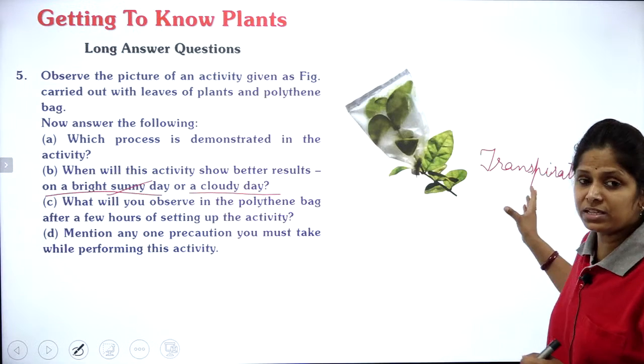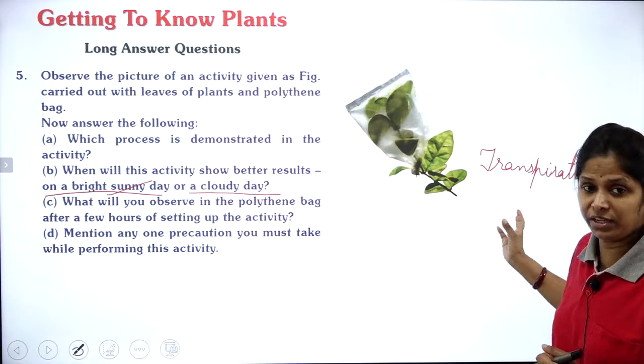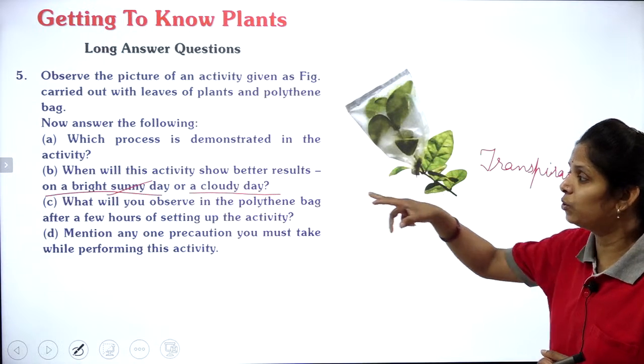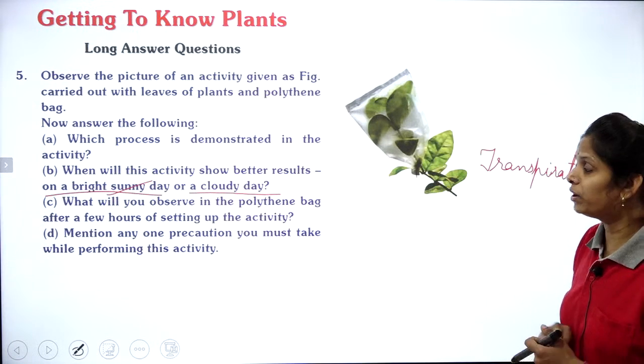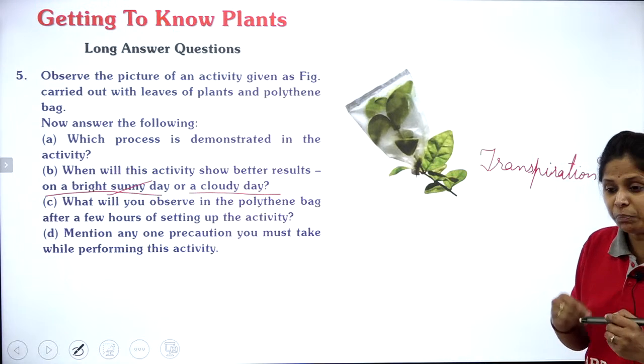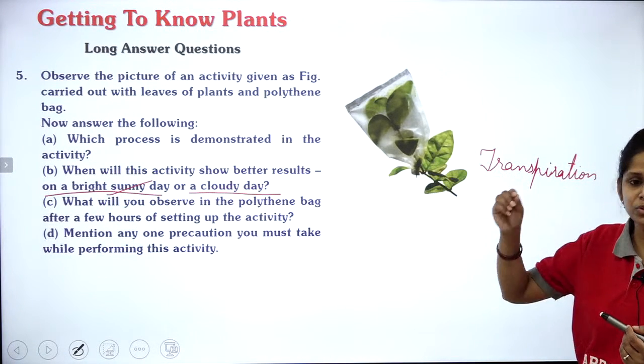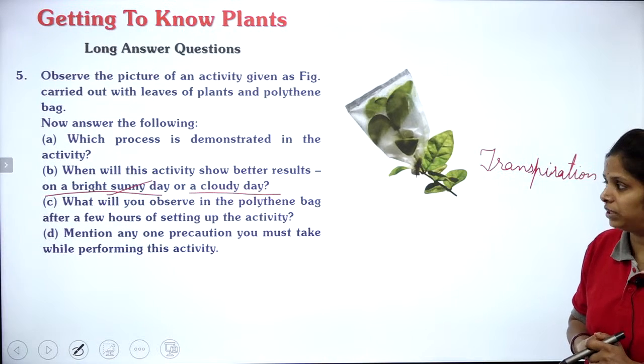So actually this is loss of water. This activity will show better results on a bright sunny day, because on a bright sunny day, this water will speedily convert into water vapor and be released out from the stomata of the leaf.